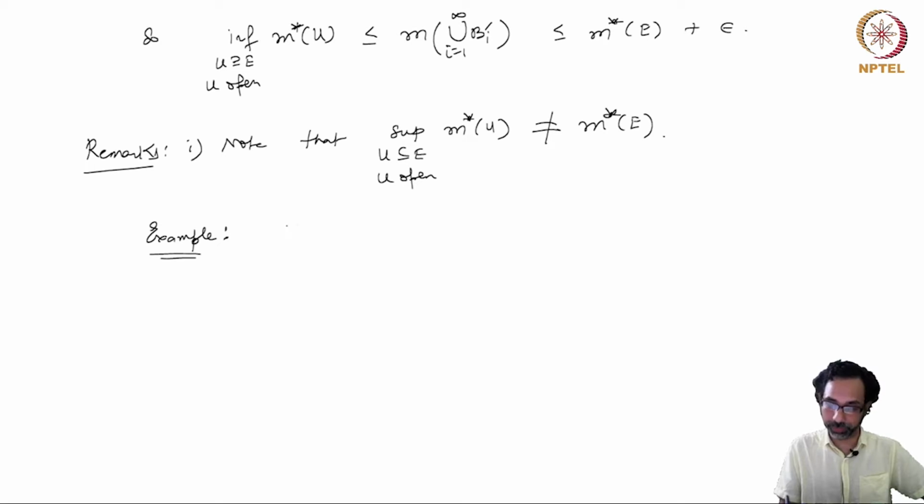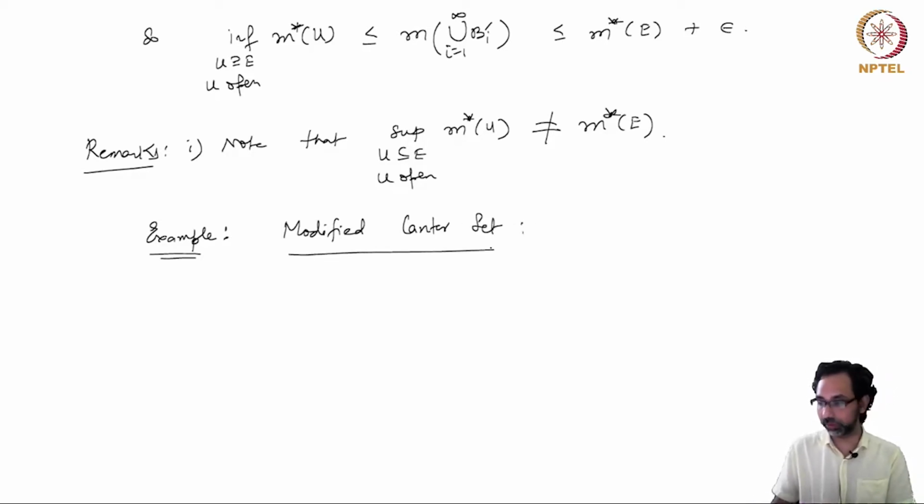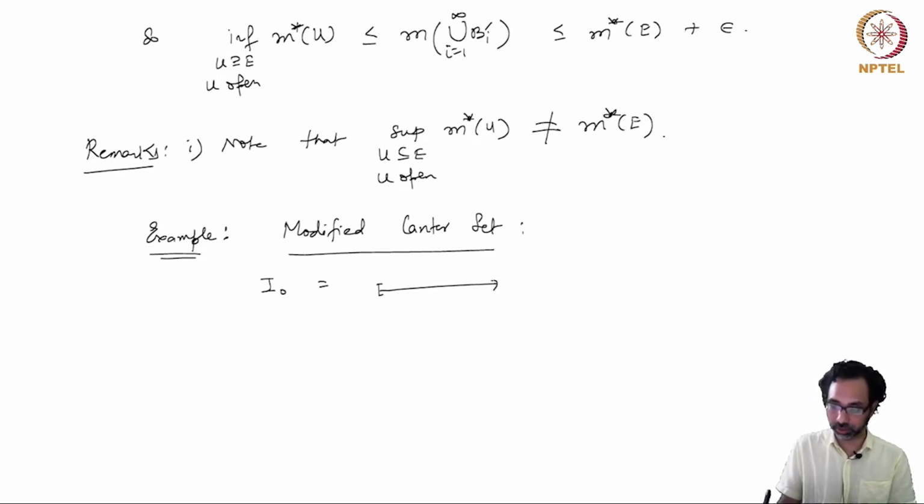This is the so-called modified Cantor set. The modified Cantor set is defined as follows. You take I0 given by the interval 0 to 1, and I1 is given by the interval 0 to some number A1, and then A2 to 1.